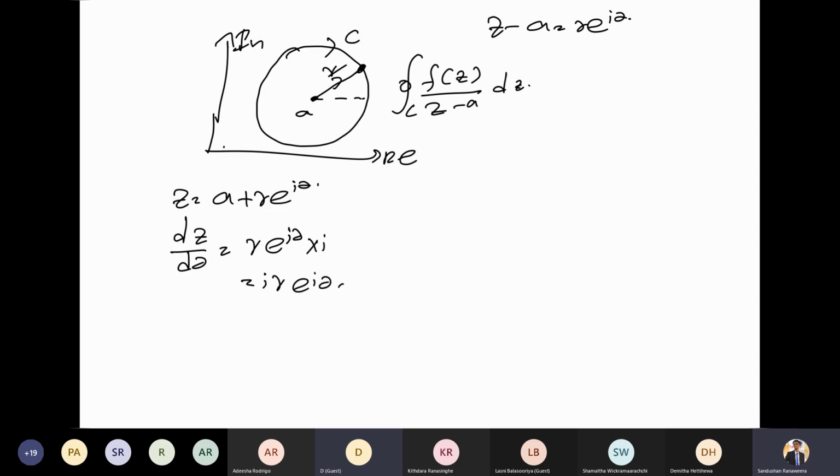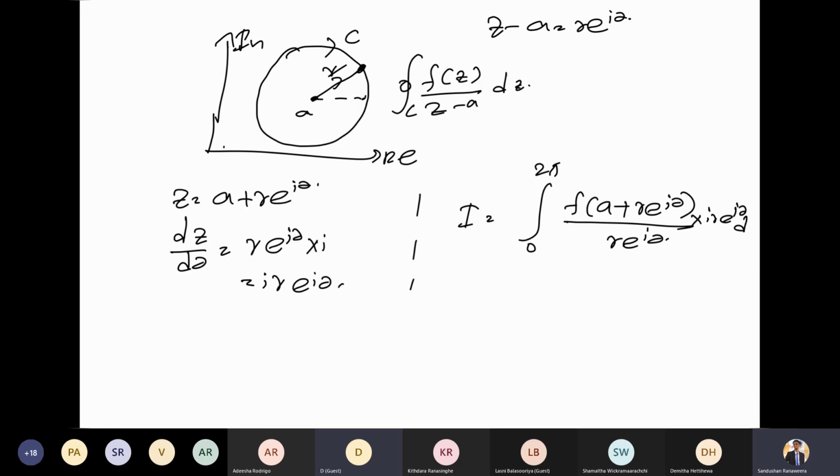Then substitute this. Theta goes from 0 to 2 pi as you go around this contour. In terms of f(z), you put f of a plus r e to the power i theta, divided by z minus a, which is r e to the power i theta, and you put i r e to the power i theta d theta.